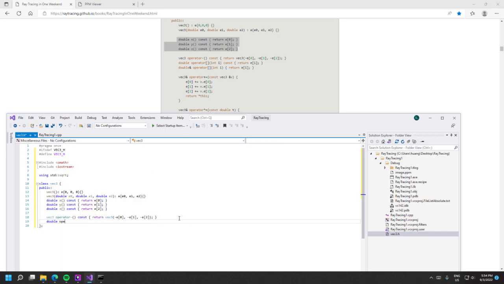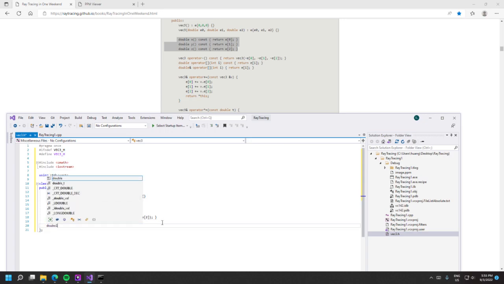Double operator. This is just a get. We are getting one of the 3 coordinates. Okay, and this is okay. More get.